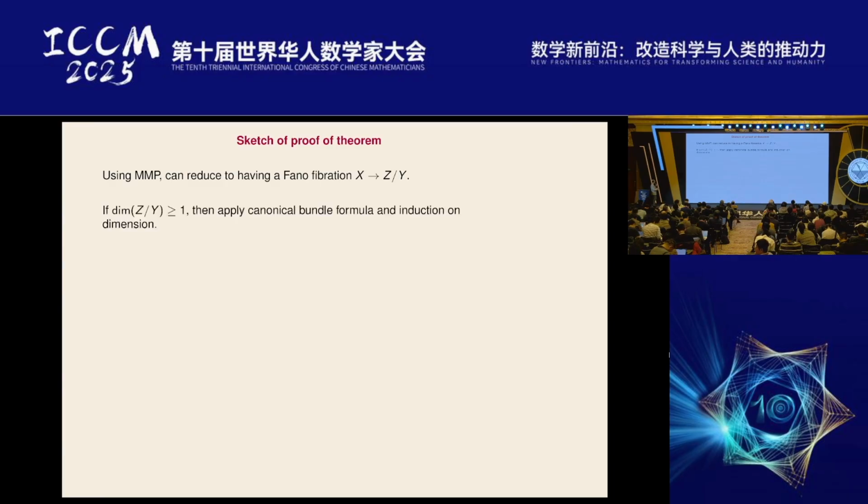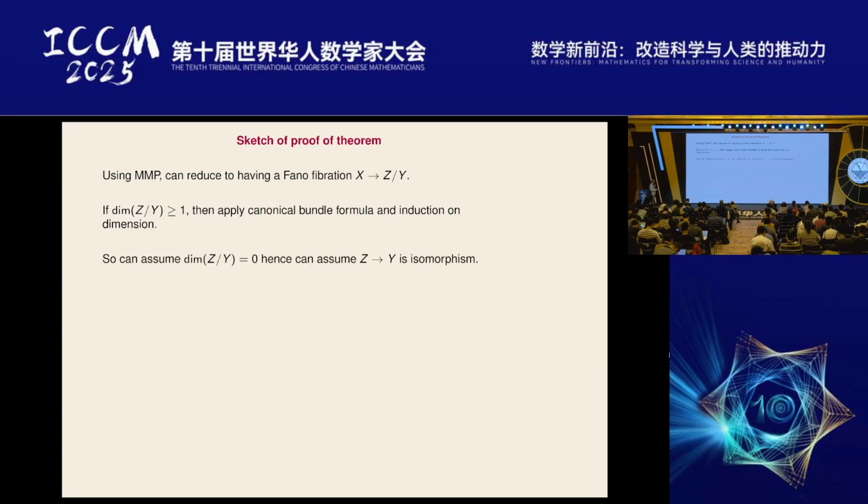And then in this setting, again, we use MMP to reduce to the situation where we have even more structure, which is a Fano fibration, in addition to our local Calabi-Yau structure. Then we have to divide into two parts, depending on whether this Fano fibration is trivial or not, in the sense of the base of the fibration, Z over Y. If the relative dimension is 1, then this allows us to do induction by dimension.